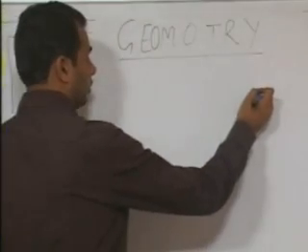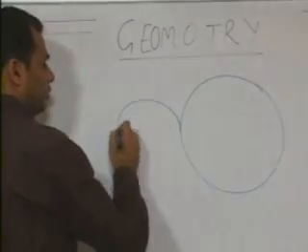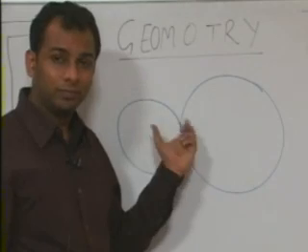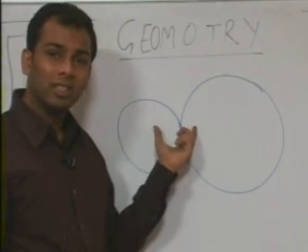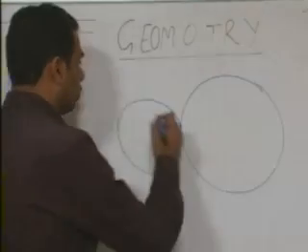Now, let's say there are two circles. These are two circular wheels, and these two circular wheels are connected with the help of a rope. Let's say the rope is something like this one.